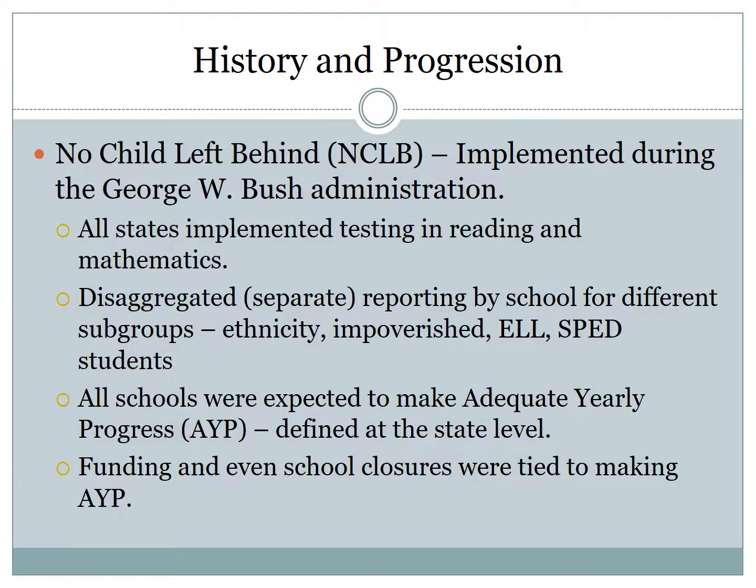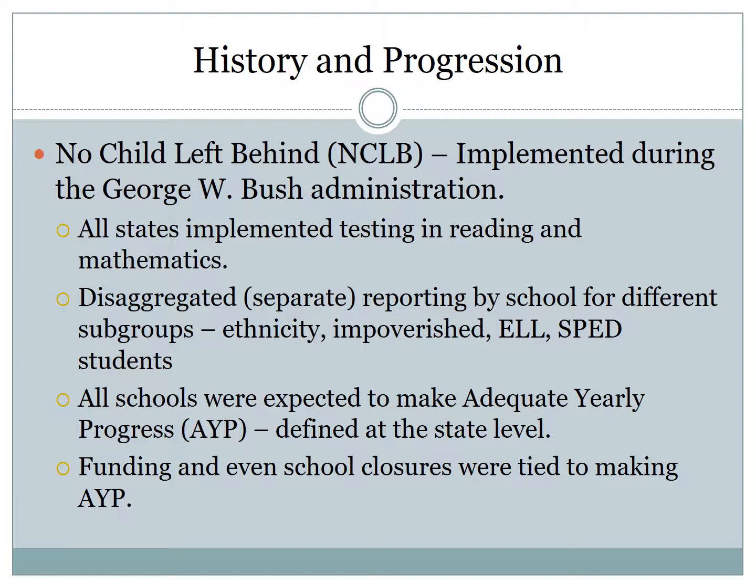Let's take a brief look at a history and progression of testing in the United States. Testing really came in big time with the provision of the No Child Left Behind law, which was implemented during the George W. Bush administration in the early 2000s.